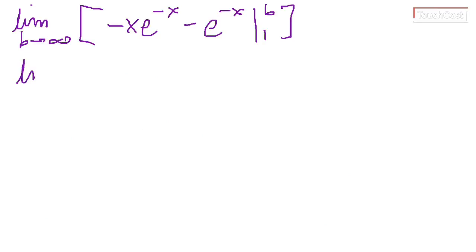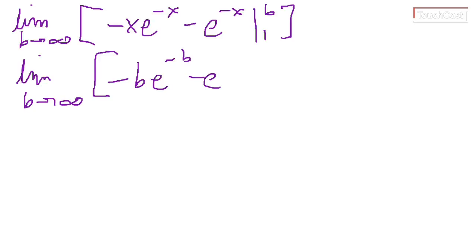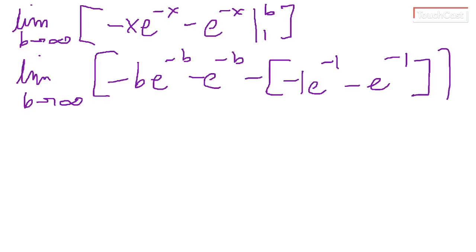So I'm going to erase the rest of this stuff. All right, so that's the limit as b goes to infinity of negative b e to the negative b minus e to the negative b minus negative 1 e to the negative 1 minus e to the negative 1. A couple ways to think about this.